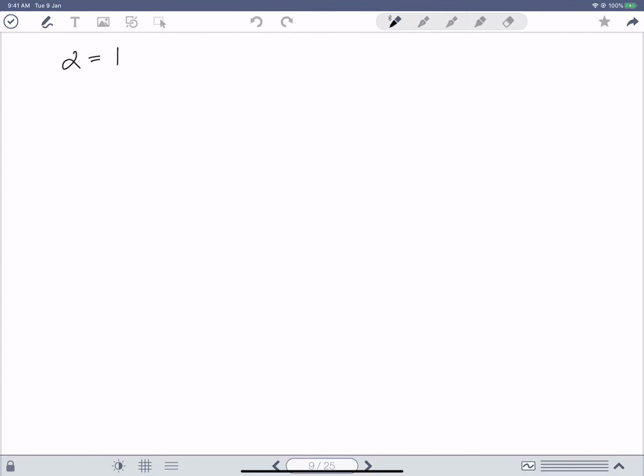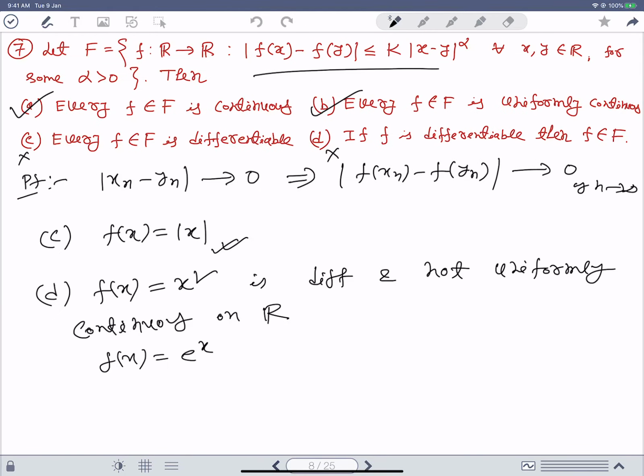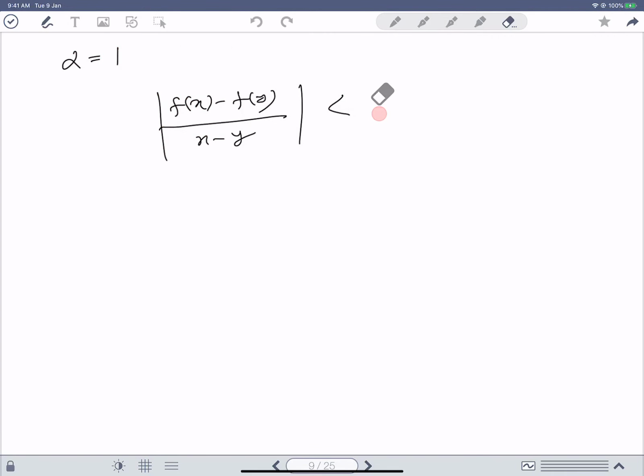Now, suppose alpha equals 1, then the modulus of f(x) minus f(y) by x minus y is just less than k, I have written k. Since the modulus value is just less than a number k, that does not say anything about whether the limit as x tends to y will exist or not, right.